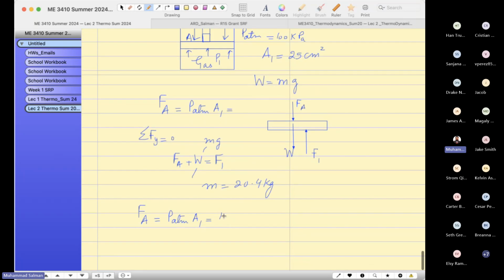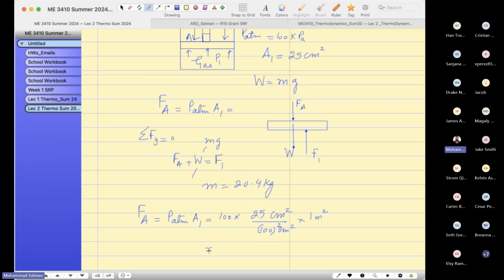Atmospheric pressure is 100 kilopascal. Let's find out the final answer in kilonewtons. Area is 25, but it is in centimeter square, and you know that 10,000 square centimeters equals 1 meter square. So this is Newton per meter square, and the answer is in kilonewtons.